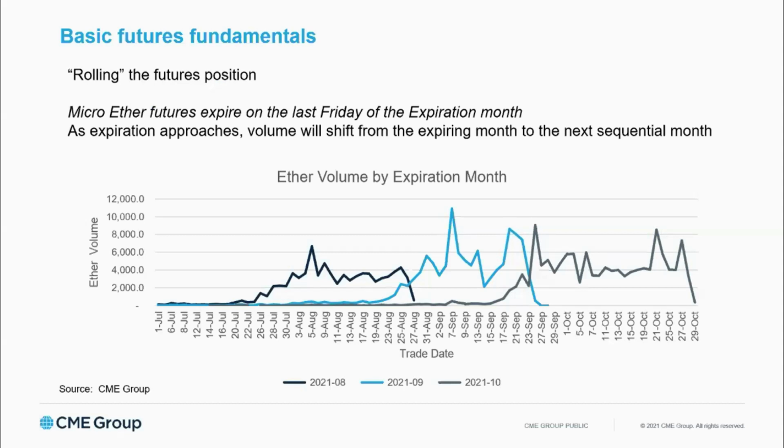You see that black line drop quickly, right? August 27th, you see it come down all the way to almost zero. That's signifying that the volume is shifting from that front month and it's going into that blue line. That next sequential contract.